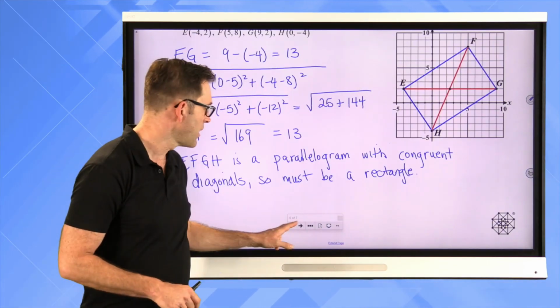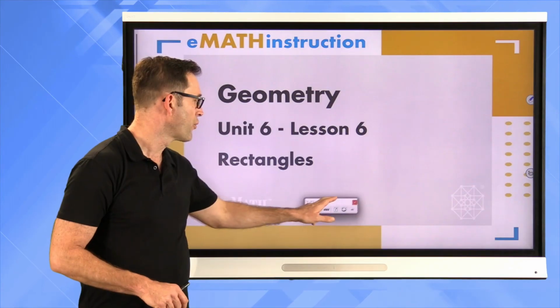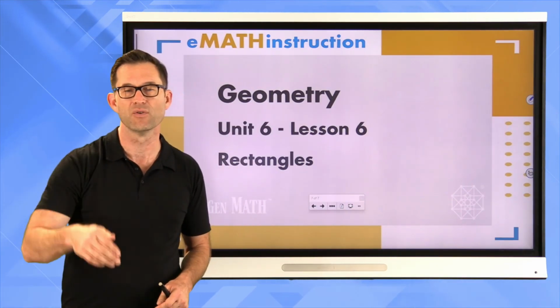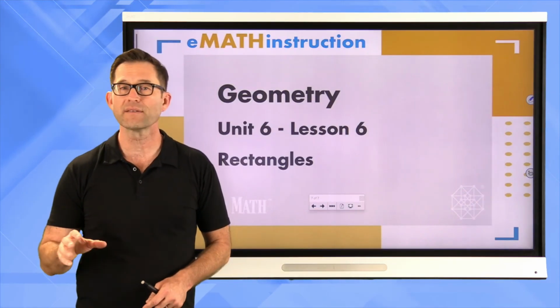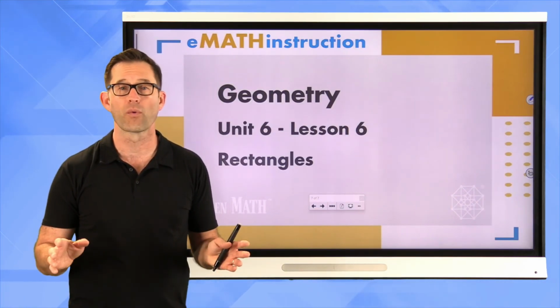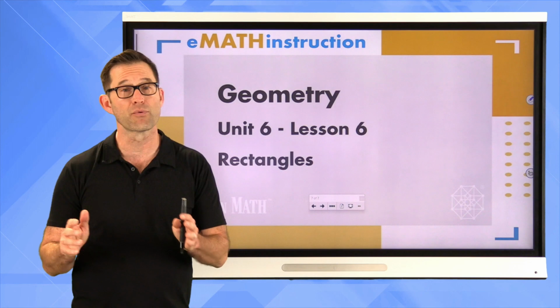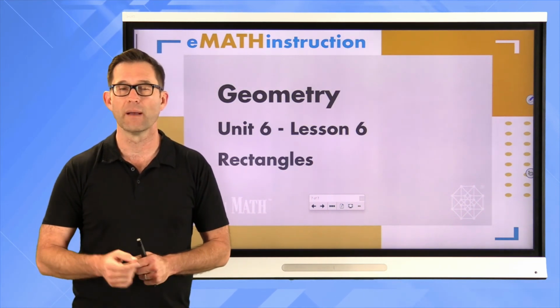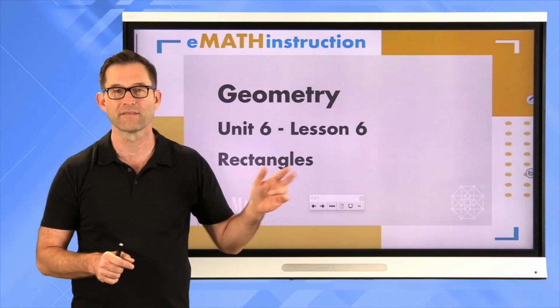All right, let's wrap this up. So the rectangle was the first of the special parallelograms that we really dug into, right? And the whole idea is that a rectangle is a four-sided figure with 4 right angles. Because of that, you can prove that it's a parallelogram, and all the things that go along with parallelograms then come along with rectangles.